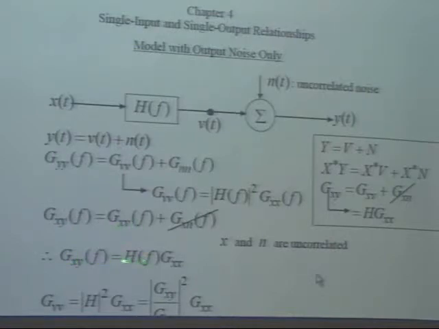And Gvv is equal to H squared times Gxx. So H is Gxy over Gxx, times the Gxx, right.